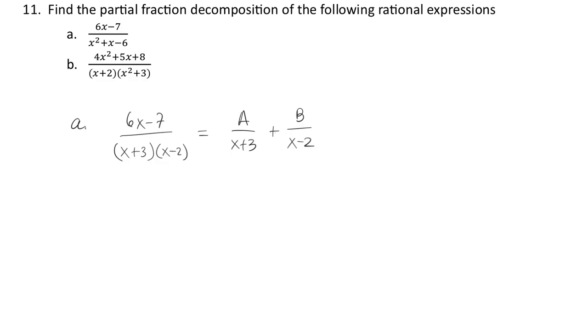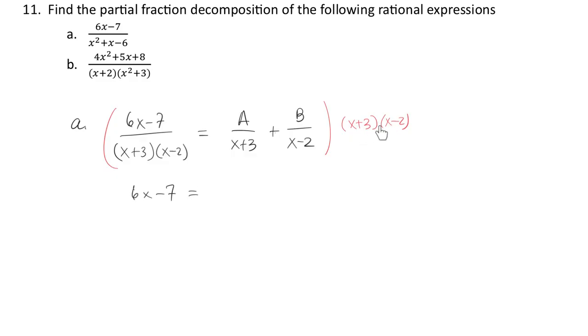So if both sides, the whole thing is multiplied by x plus 3 times x minus 2, when it's multiplied to the left side of this equation, then we're just left with the numerator 6x minus 7.